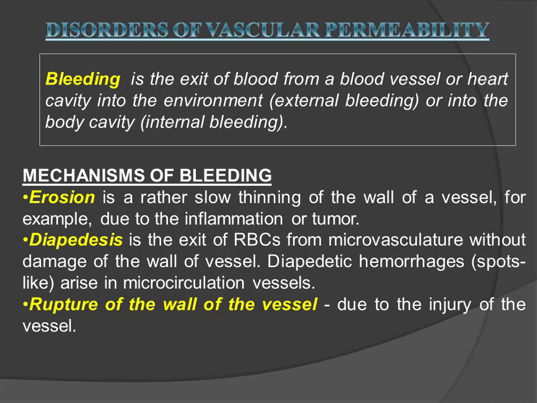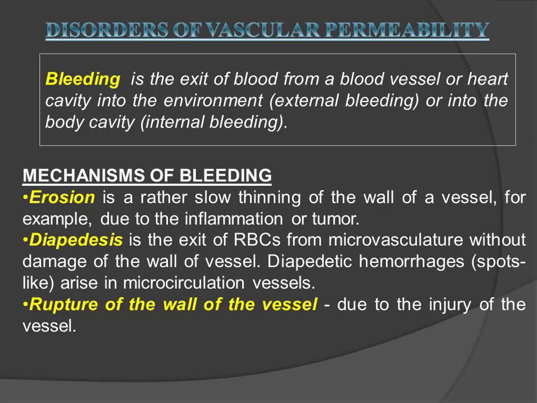And last, bleeding due to increased permeability of the vascular wall. It is the exit of blood cells into the extravascular space due to increased vascular permeability with preserved integrity of the wall of the blood vessels.